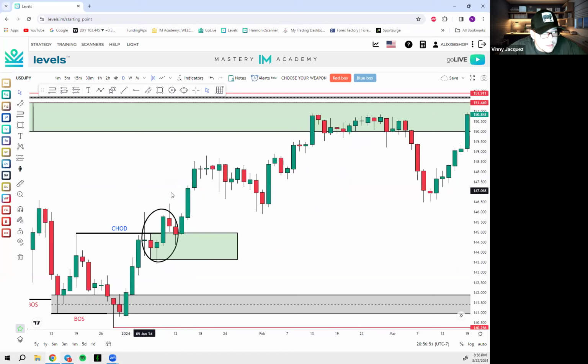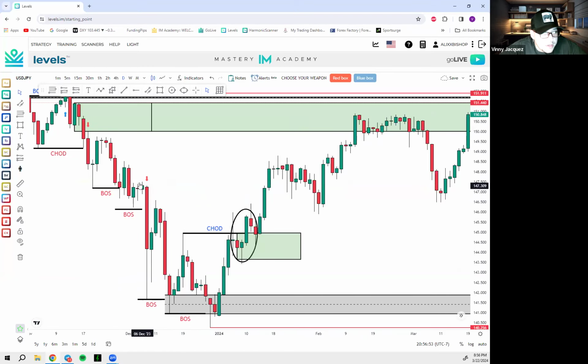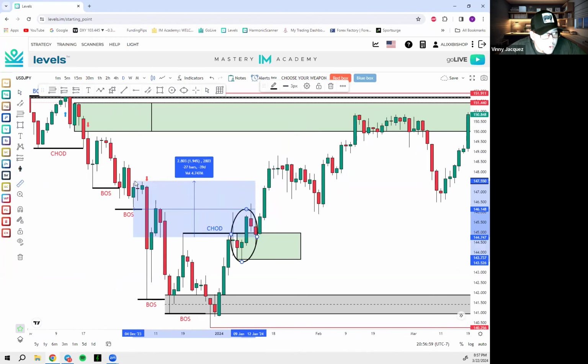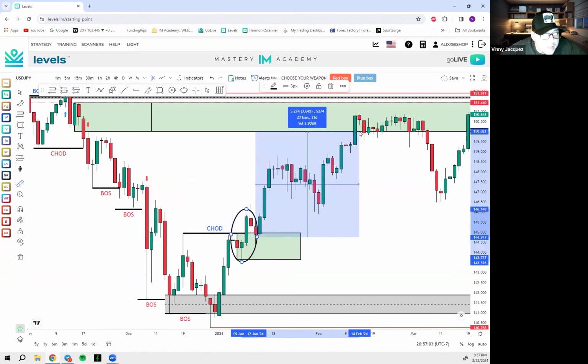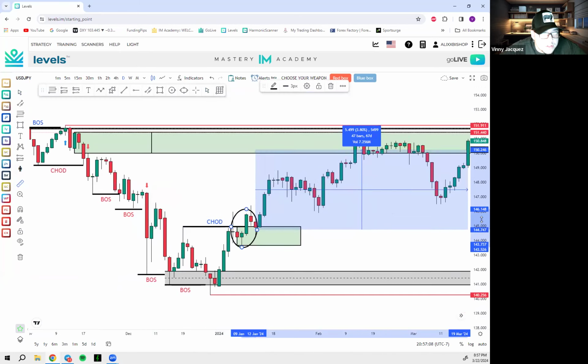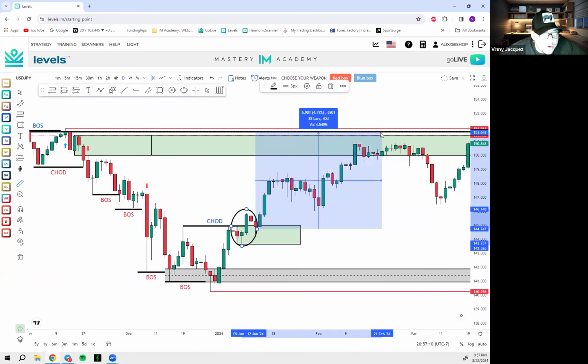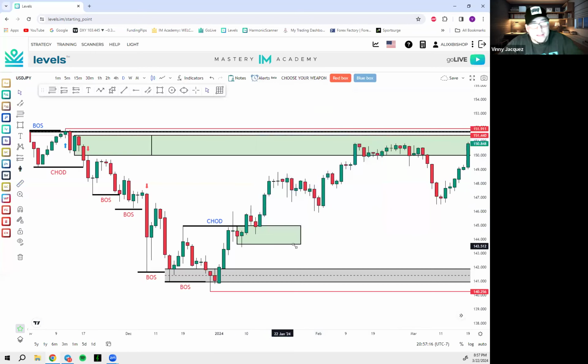From there to this starting point was, this is daily, 280 pips. Back up to this starting point was 530 pips, and back up to the shoulder, which obviously would have been a runner, that's 687 pips, guys. That's absolutely fire.